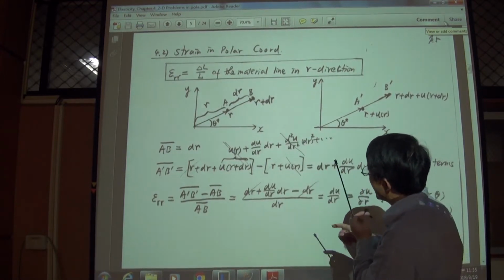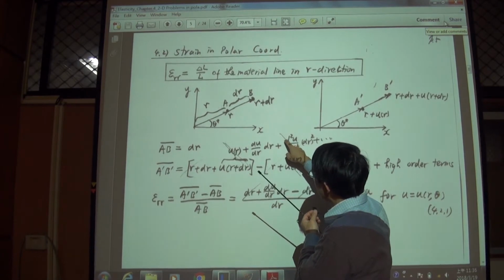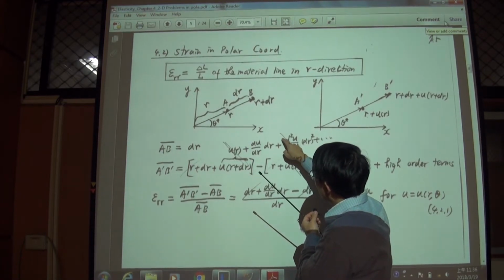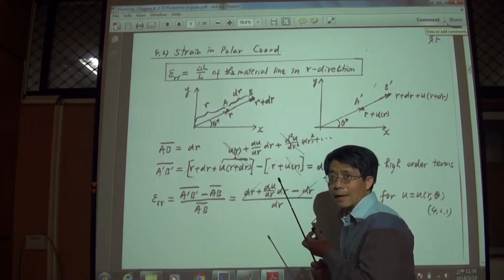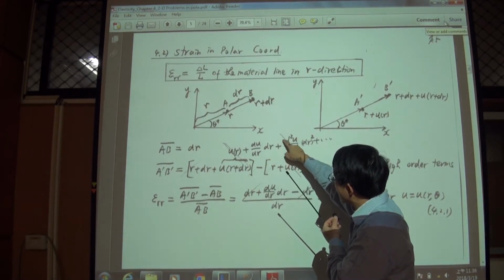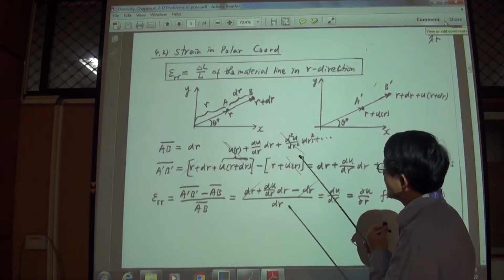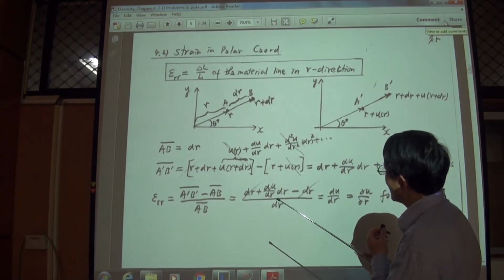But you should write a fraction here, 1 over 2. We should add a 1/2 here. Okay, this is the Taylor series expression.